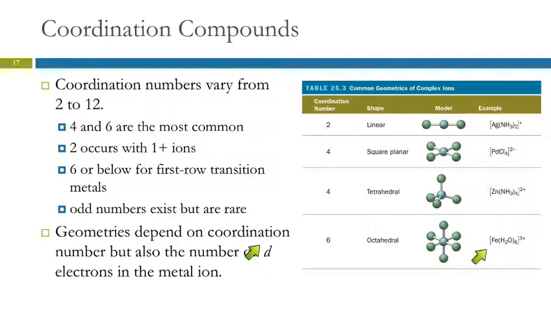But here, iron with 6 water molecules as ligands is going to form an octahedral structure. Palladium with 4 chlorines is going to form a square planar. And yet zinc with ammonia is tetrahedral. And the difference here is because of the number of d electrons.